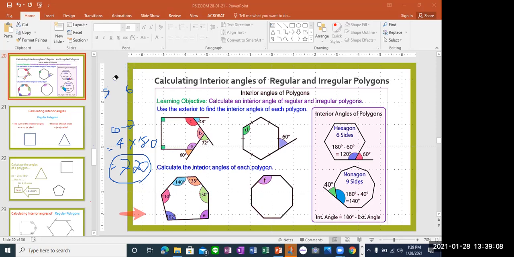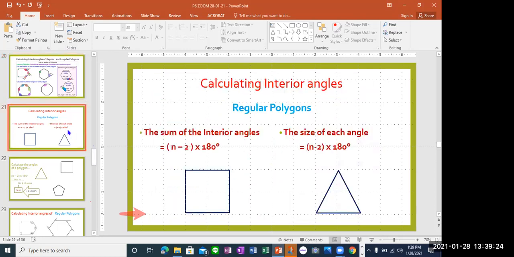Are you still there? Okay, 21 minutes. Now let's move on. Okay, let's try this one. Calculate interior angles.